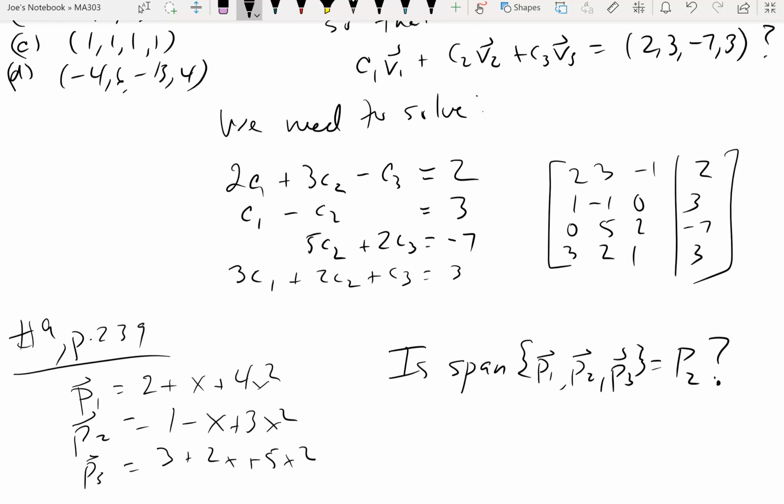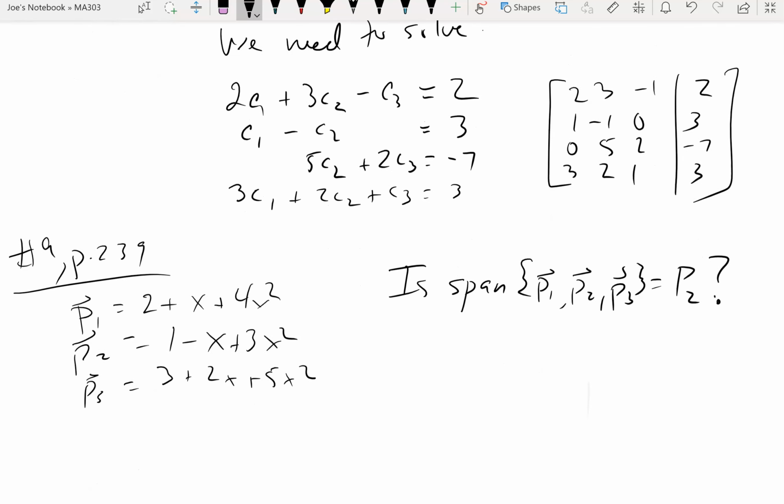Okay. And here we do have 3 pieces of information, so at least I think I have a fighting chance, right? It's not a guarantee by any stretch, because it's possible that one of these is in terms of the other 2 and basically becomes unnecessary, right? That's the whole idea of that linear independence idea, which we're going to get to, okay? But at least I have a fighting shot in order to be able to span P2, right? I've got 3 vectors, so I hopefully have enough information to tell me whether or not this is going to span.